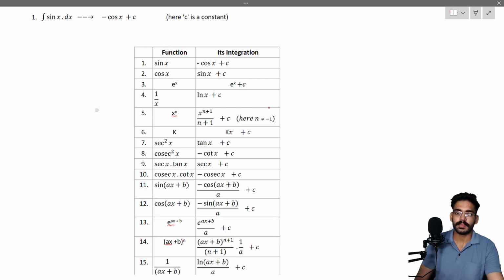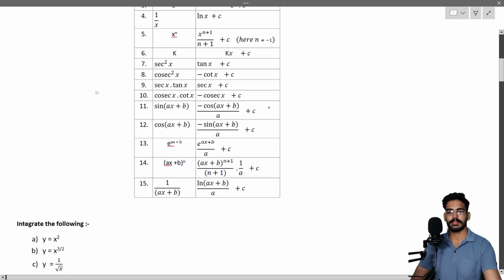The integration of k is kx plus c, of sec square x is tan x plus c, of cosec square x is minus cot x plus c, of sec x tan x is sec x plus c, and of cosec x cot x is minus cosec x plus c. The integration of sin(ax plus b) is minus cos(ax plus b) divided by a, plus c, and similarly for cos(ax plus b), and these are all the same kind of thing.